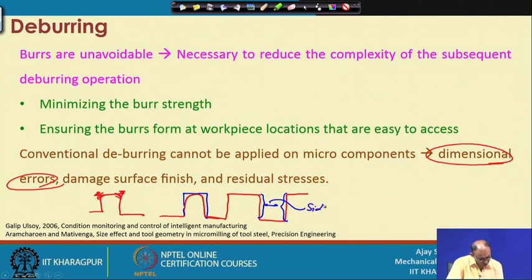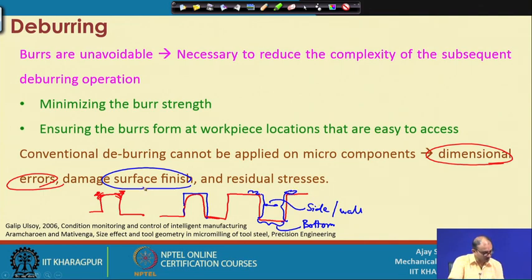So, this is the side or the wall, and this is the bottom. If you have maintained these features and the surface finish, whatever surface finish you want to achieve, that is accepted, but you have some burr formation here.